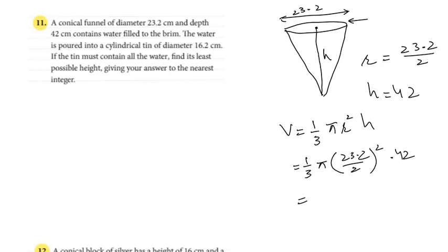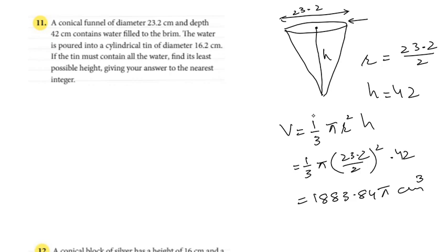Solving this, we get 1883.84 pi. I have not inserted the value of pi, as we have to solve this question further, so it's possible that pi would be cancelled. This is centimeters cube, the total volume.